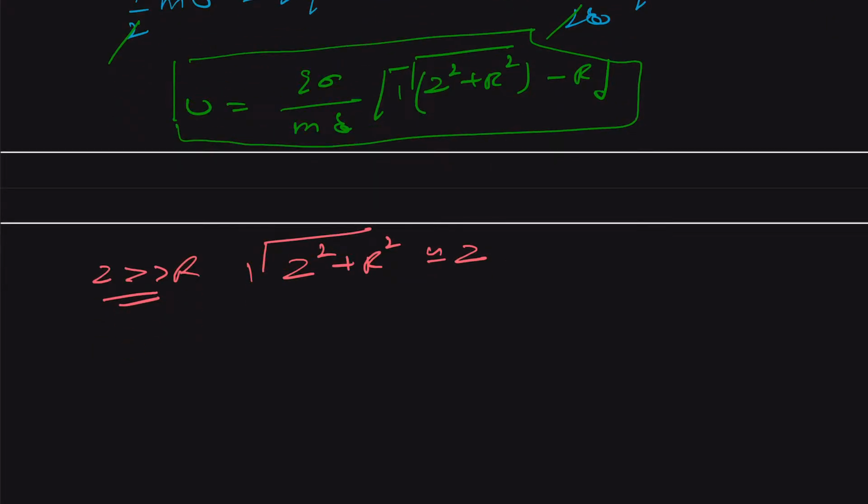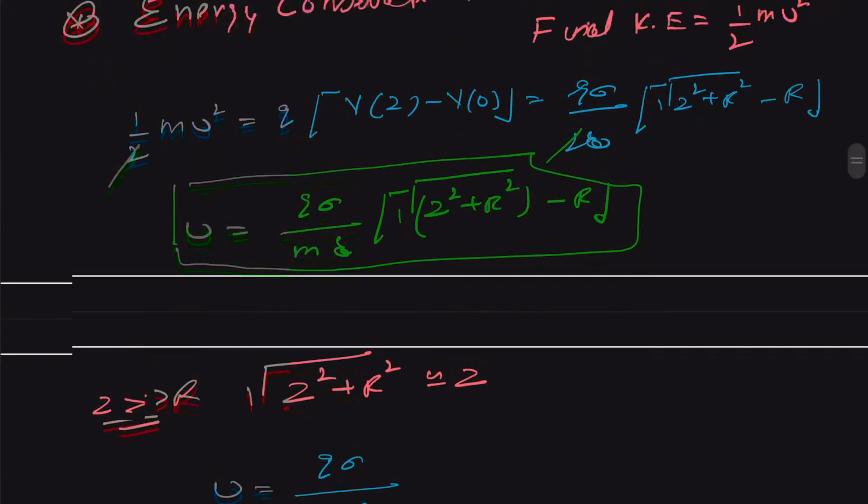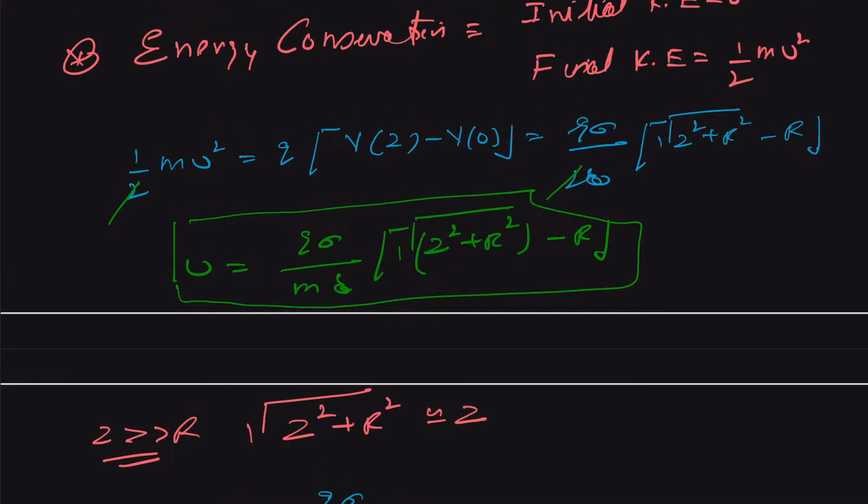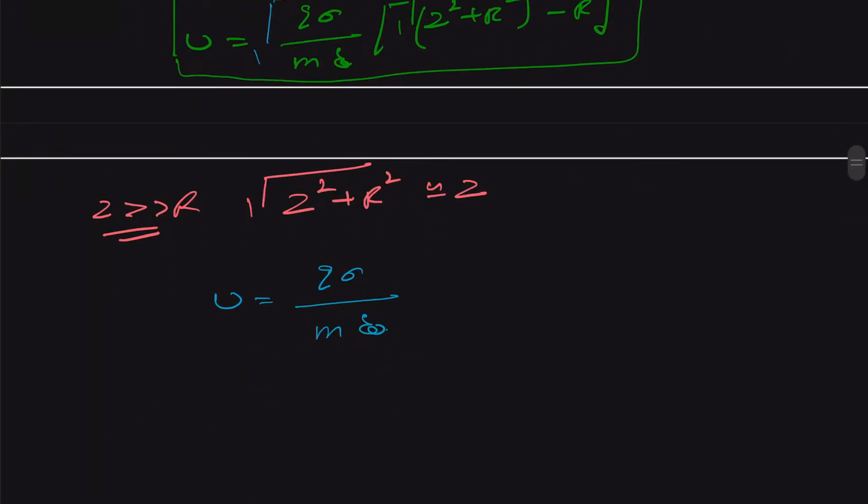So therefore our velocity equation will be, one second, yeah, I forgot to add the square root here, the square root of q sigma times z over m epsilon naught. So this will be our velocity under the condition that z is very much larger than r. And this was our second question.